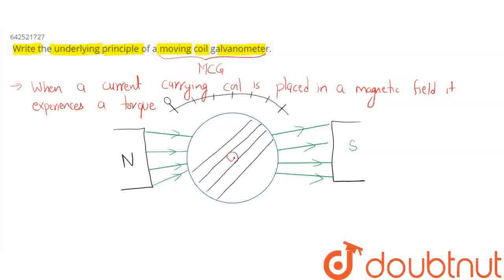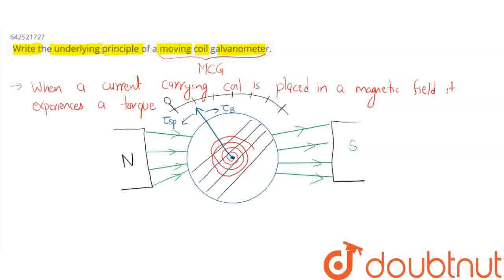Now here there is a spring coil. When this is attached with a pointer, as soon as current flows, this pointer moves under the influence of magnetic torque, which under equilibrium is balanced by the spring force torque.